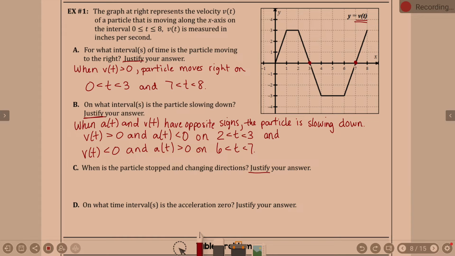Okay. How do I want to say this? Particle is stopped at t equals 3 and t equals 7, since v of t equals 0.